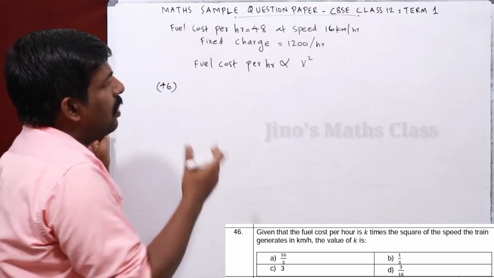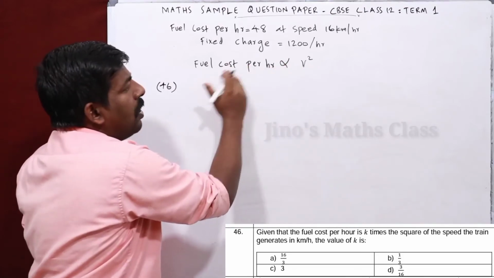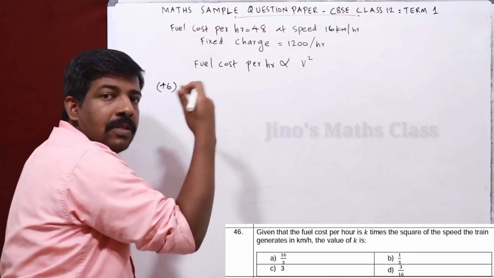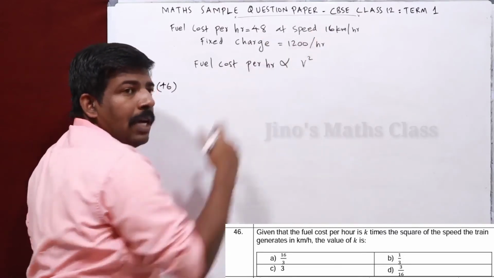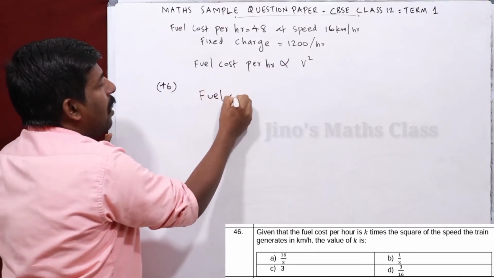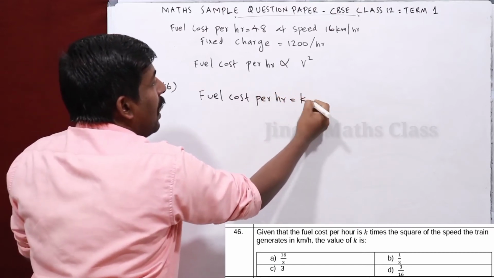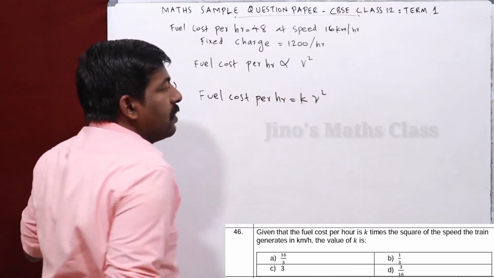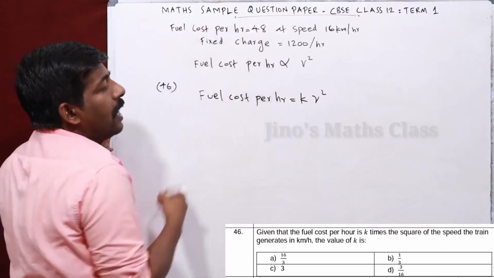Anyway, we know if one quantity is directly proportional to another quantity, it means the first quantity divided by the second quantity is a constant. Otherwise we can say the first quantity is equal to k into the second quantity. That means here we can write fuel cost per hour is equal to k into v square, right? And here the fuel cost is given, that is 48.